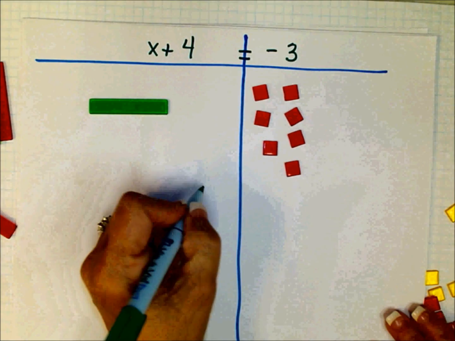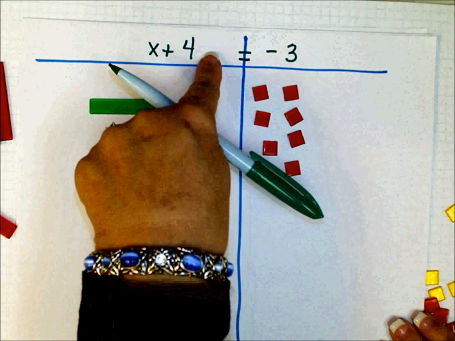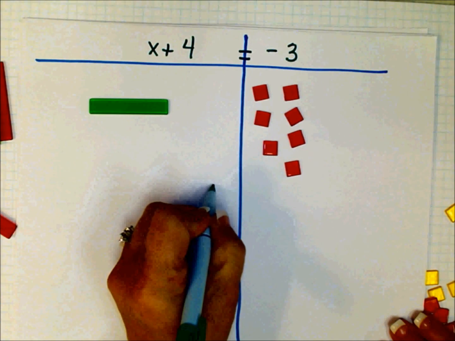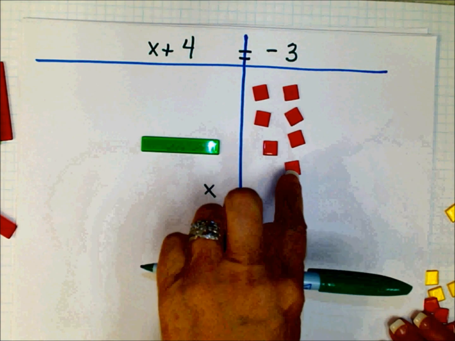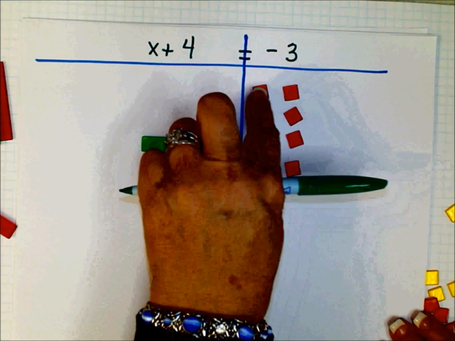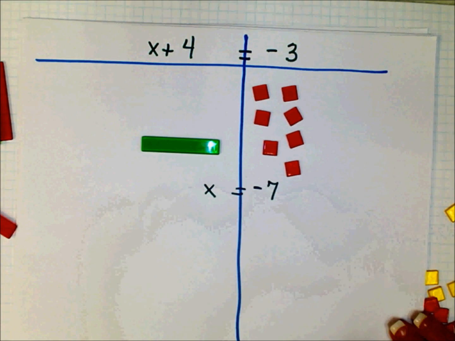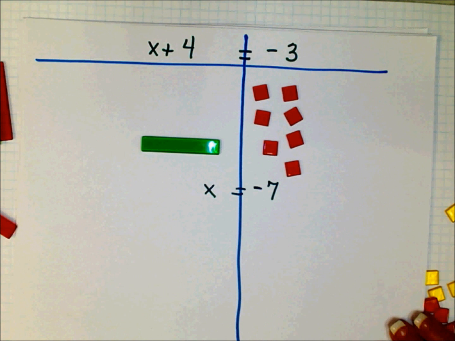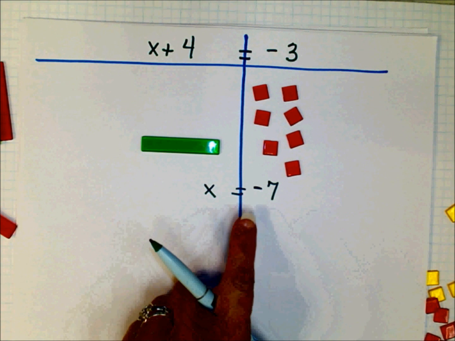So if I write this as a number sentence and go back to looking at this as an equation, I have the value of this, which is an x, equals 1, 2, 3, 4, 5, 6, 7, but since they're red, it's negative. Okay, so by using my manipulatives, I identify that x equals negative 7.